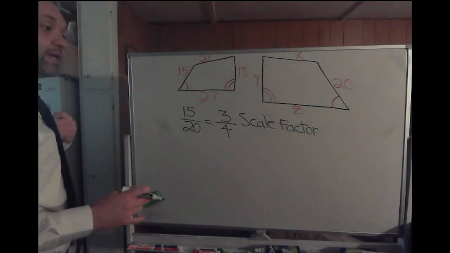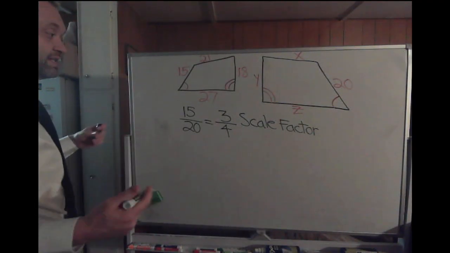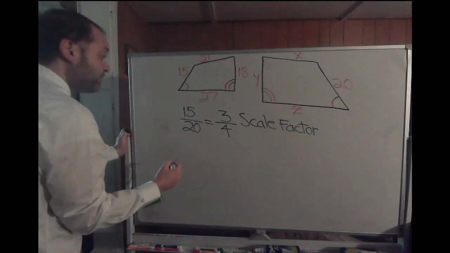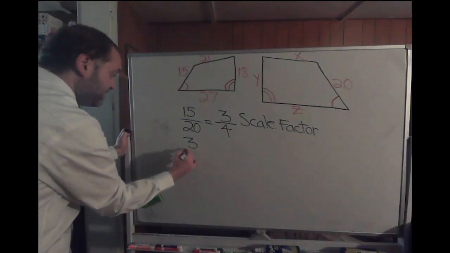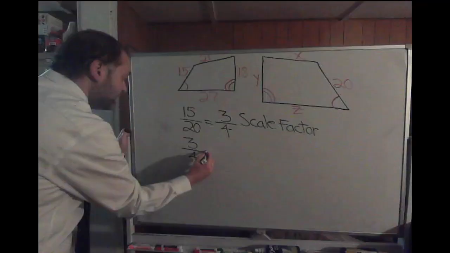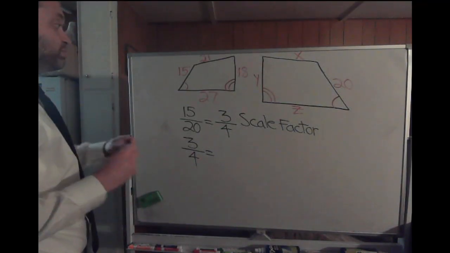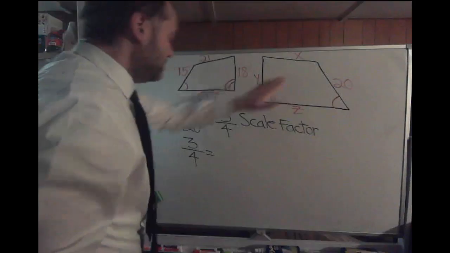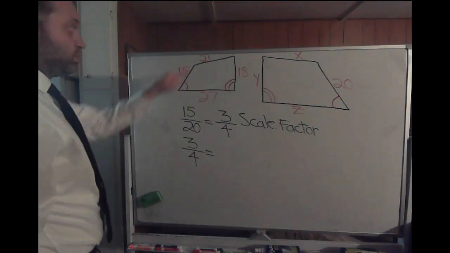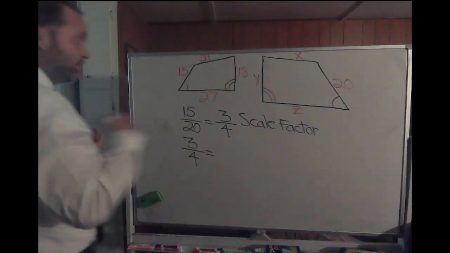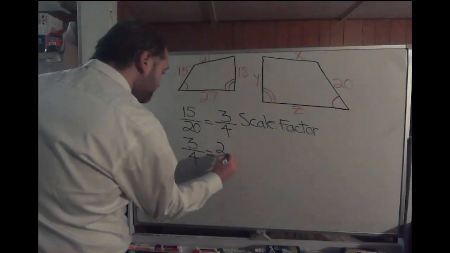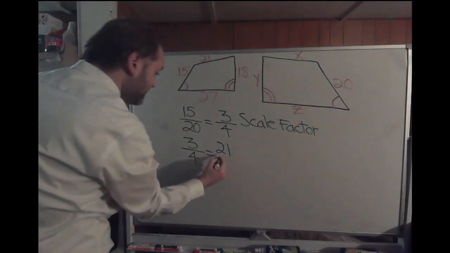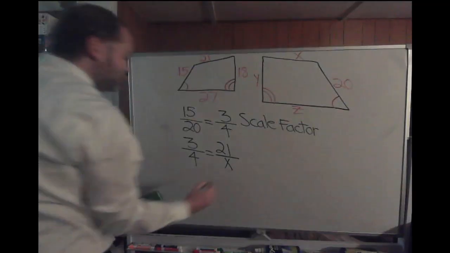Now from there, we can go ahead and solve for the missing side. So let's find x. First, take your scale factor, set that equal to, since the scale factor is based on this quadrilateral before this one, that means you're going to take the corresponding side of this quadrilateral, which would be 21, over the corresponding side of that quadrilateral, which would be x.